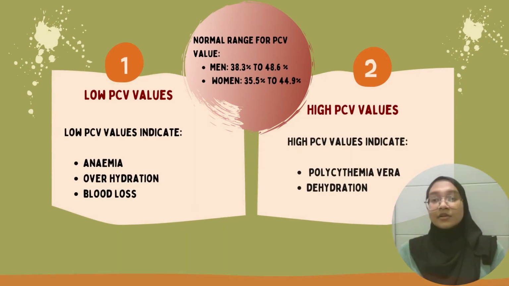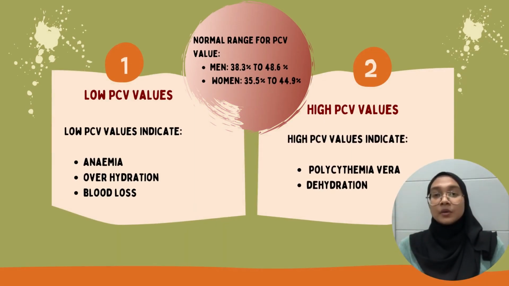Like we can see the normal range for PCV value and what happens if the PCV value is low or high. So the normal PCV value for men is 38.3% to 48.6%, while for women, it is 35.5% to 44.9%.